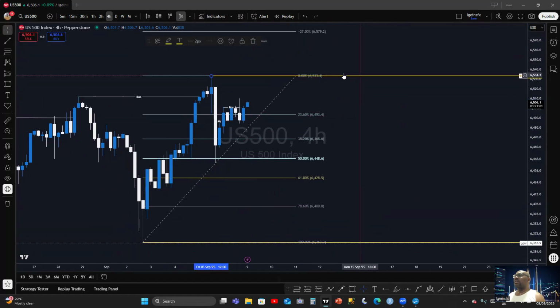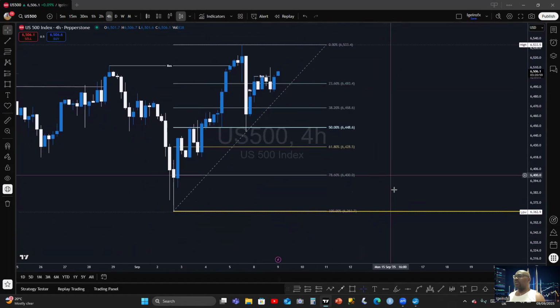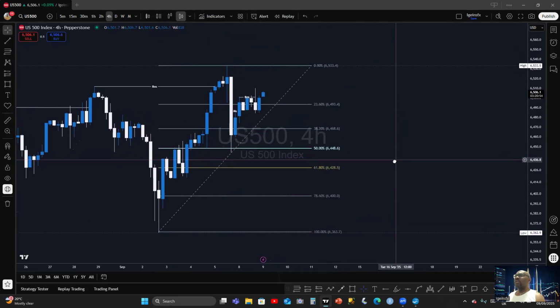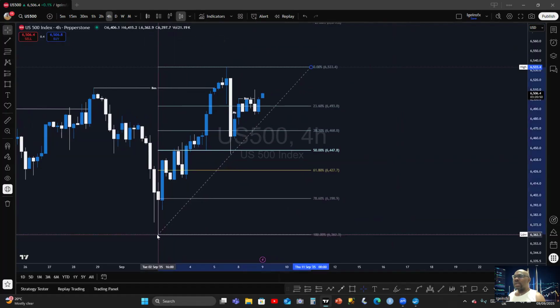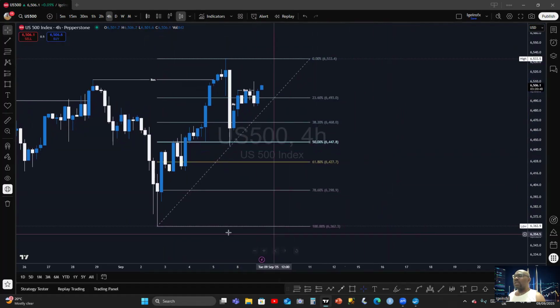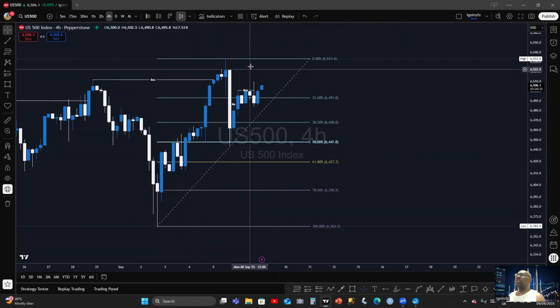Let's remove all these things first, for the sake of learning, so that you understand what we are doing. This is the low, and this is the high. Once you pick the Fibonacci tool, click here, then drag it to the high of the price.